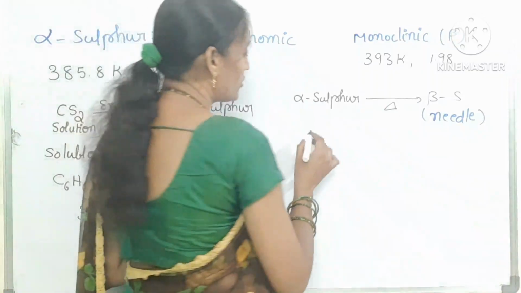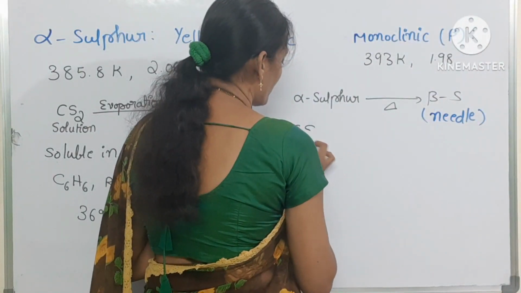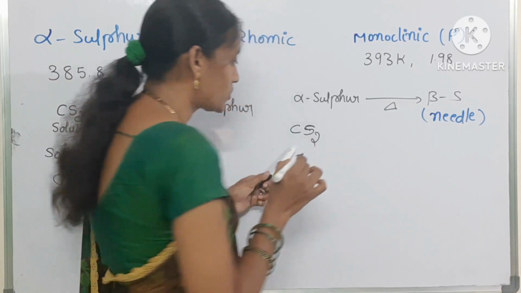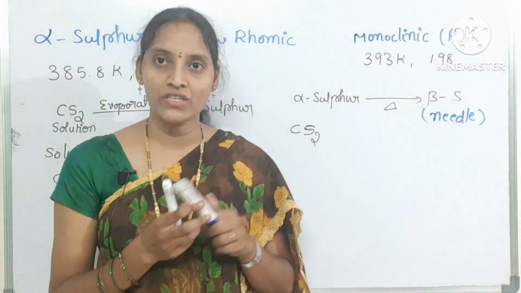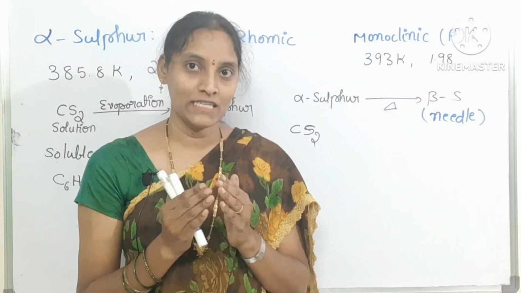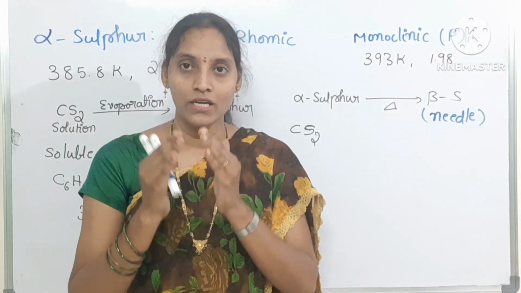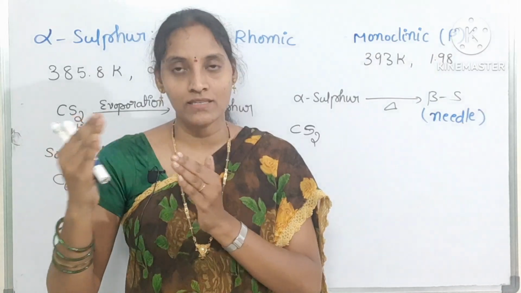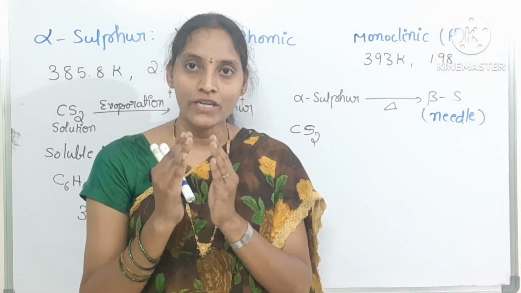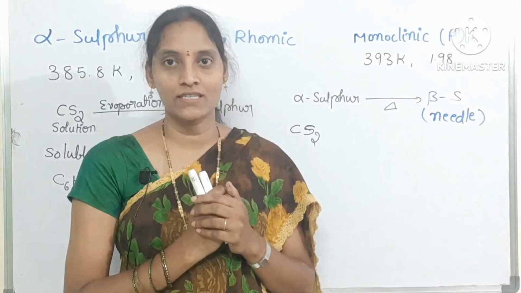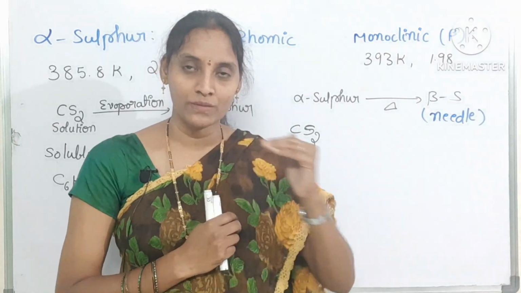It will be soluble in carbon disulfide CS2 if the temperature is up to 369. If the temperature is more than 369, alpha sulfur becomes beta sulfur. If the temperature is less than 369, beta sulfur becomes alpha sulfur.